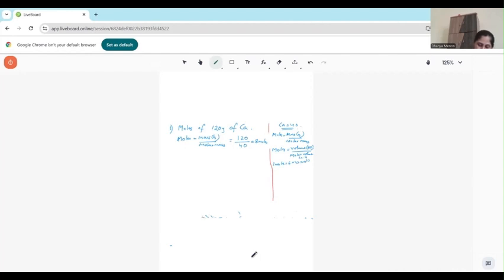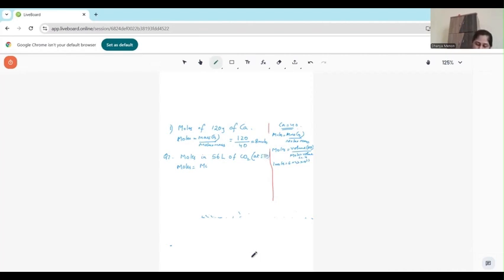Second one is, you have to find out the number of moles in 56 liters of carbon dioxide. If it is not in liters, you have to convert it into liters, because the molar volume is expressed as 22.4 liters. So how to find out the number of moles? They have given it at STP.